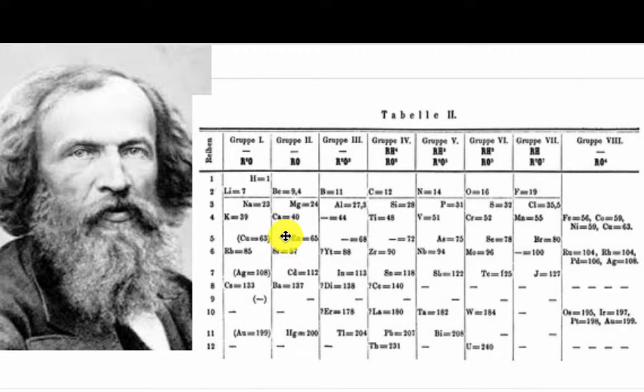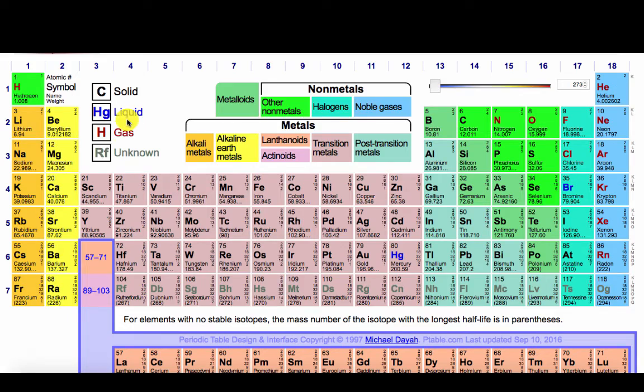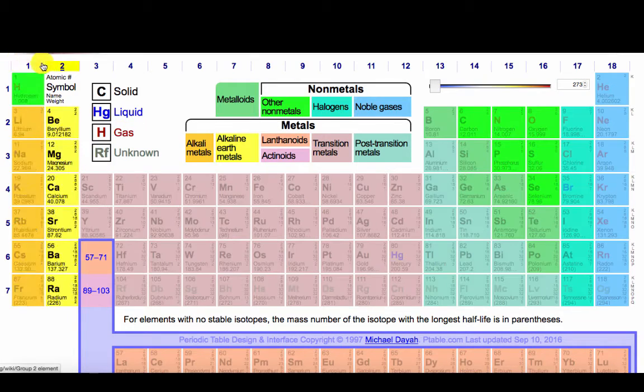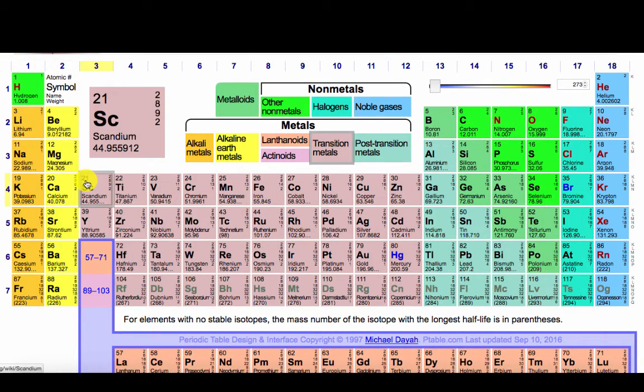We discovered a lot more elements. But also, just real quick while we're on this, if you look at his table, group 1, group 2, group 3, group 4, group 5, group 6, group 7, group 8. This is very different from our modern periodic table, because on the modern periodic table, we've numbered it all the way 1 through 18. That's because we have these 10 groups that are the transition metals.